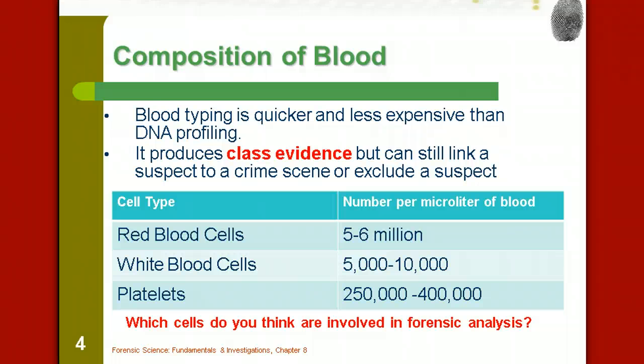The white blood cells make up somewhere between 5 and 10,000, and the platelets are 250 to 400,000. So which cells do you think are involved in forensic analysis? Why do you think that? Hopefully you said the white blood cells and the red blood cells.